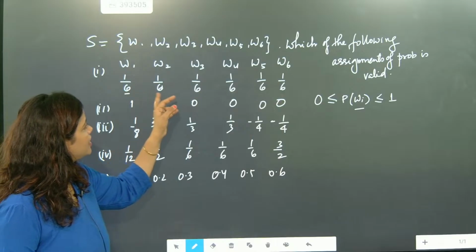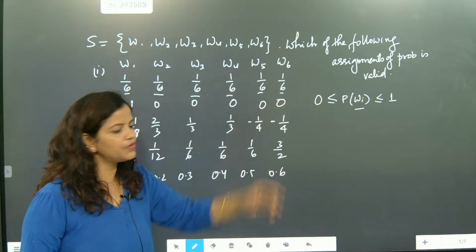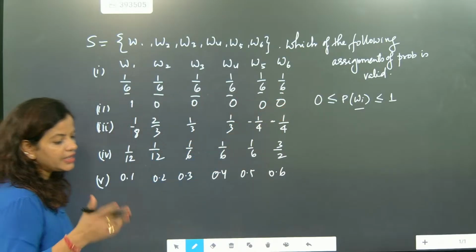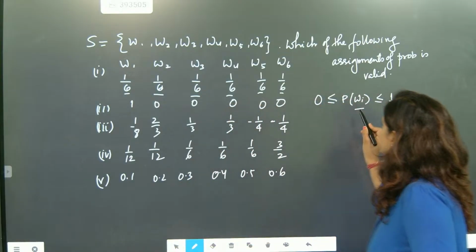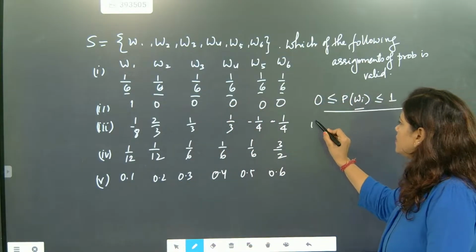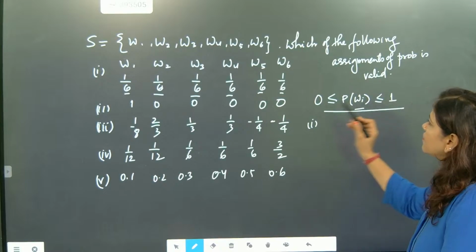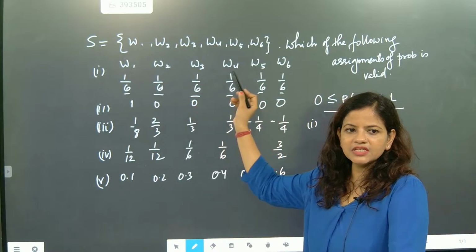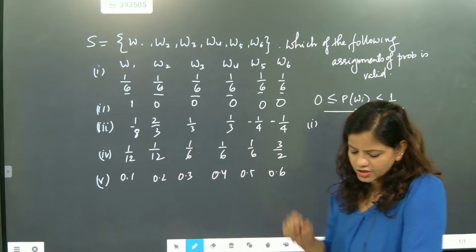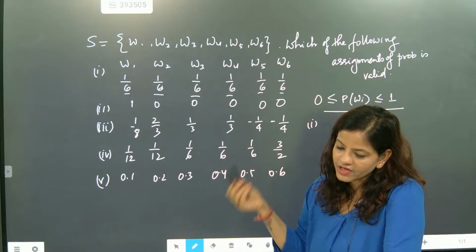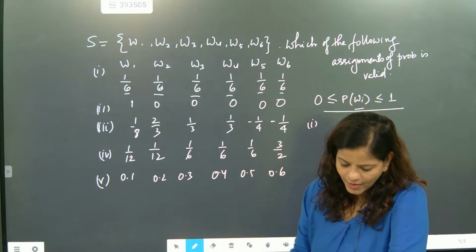So beta, if we add all this, how much are we getting? The first event is 1/6, 1/6, 1/6, 1/6, 1/6 and 1/6. Is it probability? Is it going to follow the rules of probability?